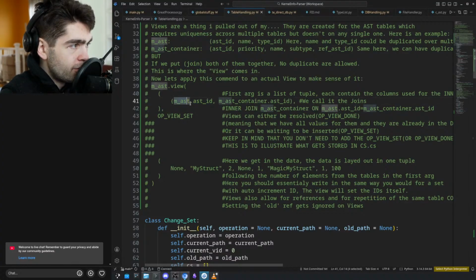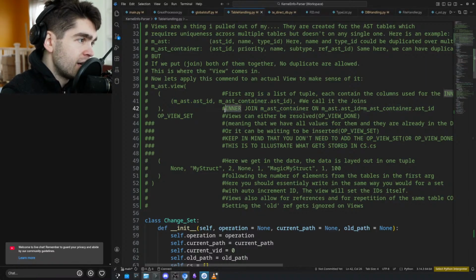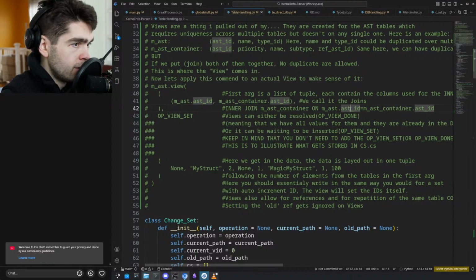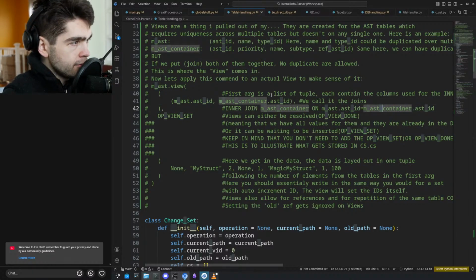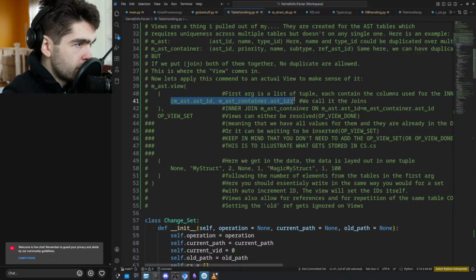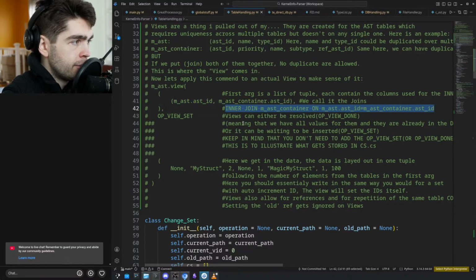So you can think of each of these as inner joins from a specific table to another table, and it dictates the equal that we have. We need to be able to parse those and create inner joins out of them.